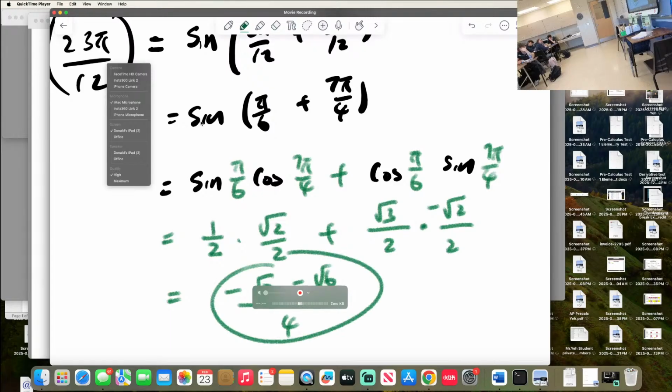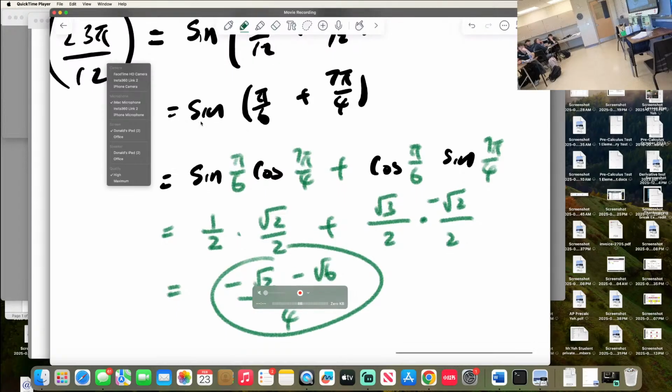How many of you guys got it? Good. What? Should be positive. Sine of 7 pi over 4? Positive square root. The last one has negative square root 2.